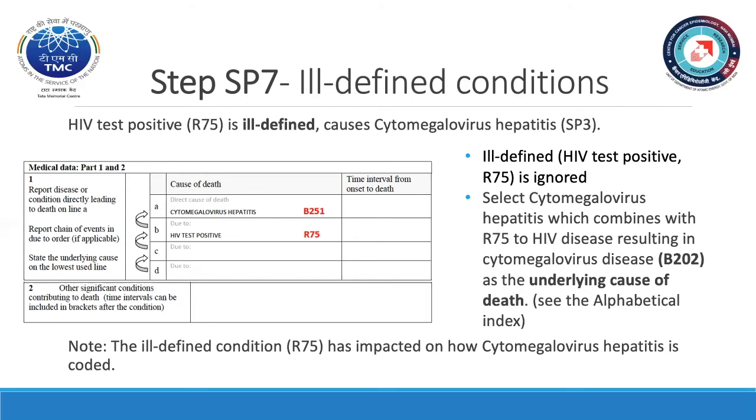Select cytomegalovirus hepatitis, which combines with R75 to HIV disease resulting in cytomegalovirus disease B202 as the underlying cause of death. See the alphabetical index. Note, the ill-defined condition R75 has impacted on how cytomegalovirus hepatitis is coded.